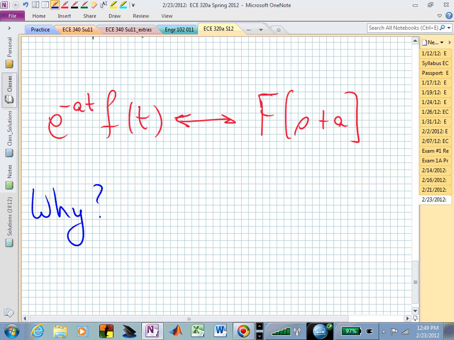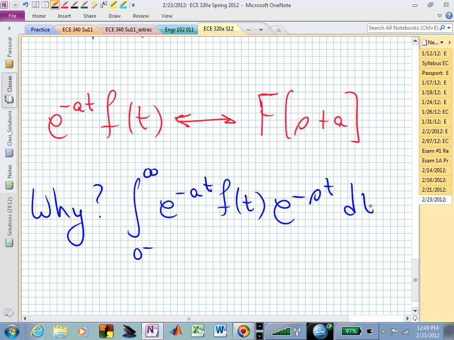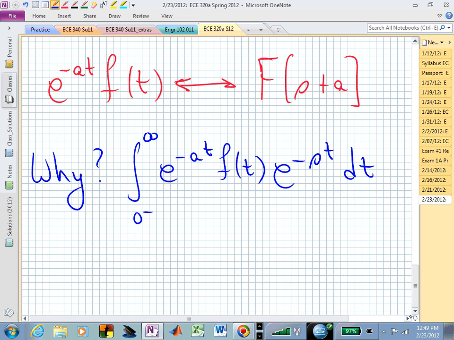And I'm sure you're all wondering why. That's what you ask, right? If you now look at the definition of the Laplace transform, we are looking at e to the minus at f of t. That's now our new function that we want to Laplace transform, which you could call g of t. We weight that by e to the minus st, and we integrate out the time variable.